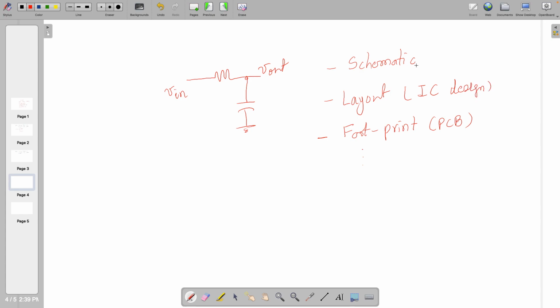This is also for IC design, for any power electronic circuits or even IC level circuits. Any circuit you can use with the schematic throughout your BTech study, or maybe even when going for higher studies. You will see that you are going to look at the results for schematic design, and till now you have studied only and only schematic. Do not worry about other things, but it will follow the same way.